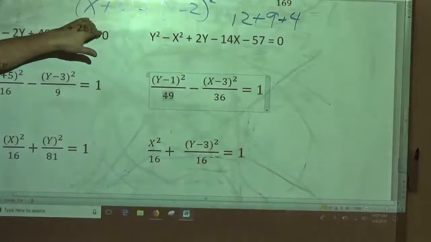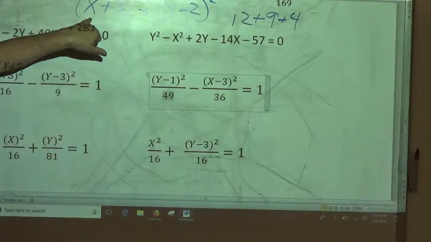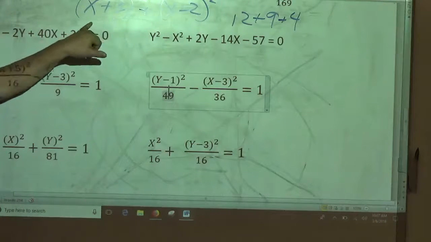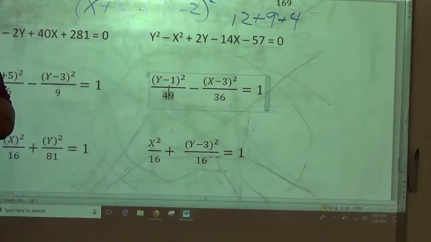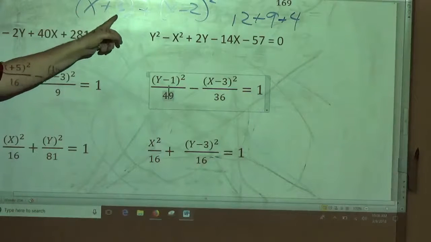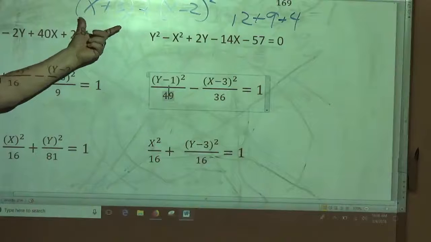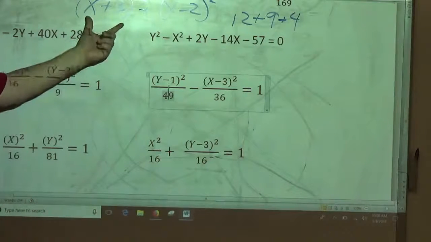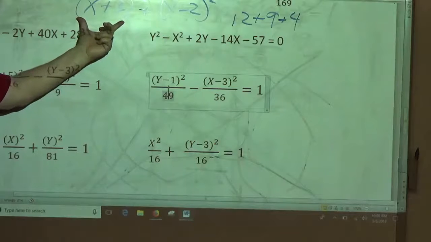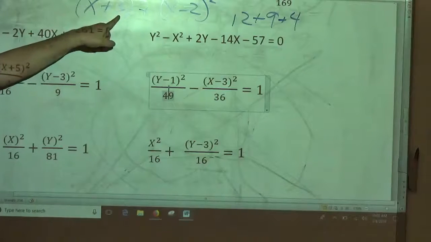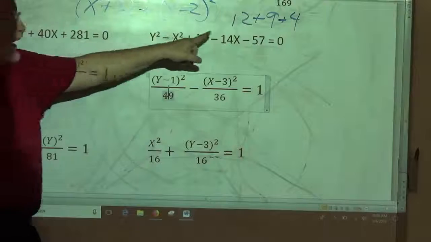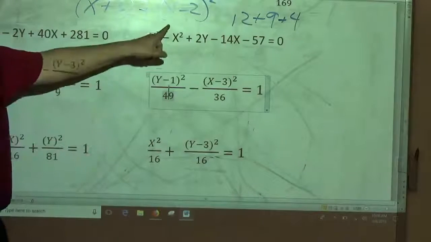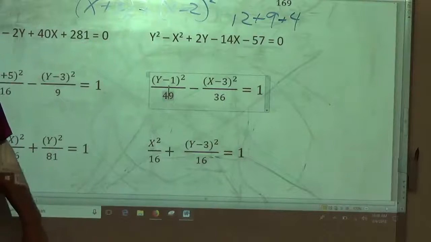When I took the x squared and the 6x, I have x squared plus 6x plus 9. So when I take the 2 terms, x squared plus 6x, and I complete the square by taking half of the 6, I've added an extra 9. So if I've added 9 to this side, I also add a 9 to the other side. The other way to do it would be to have a minus 9 on the same side.